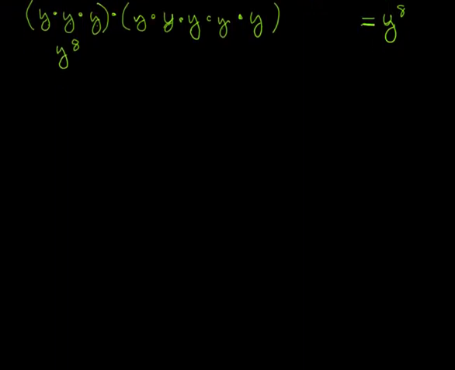So let's jump down and let's look at 26, which does this slightly differently. This says y cubed squared, and y to the third all to the second power. Well, that's the same as y to the third times y to the third, right?